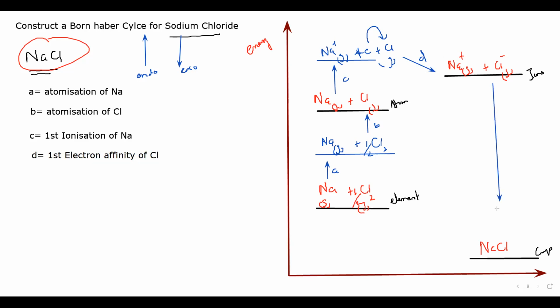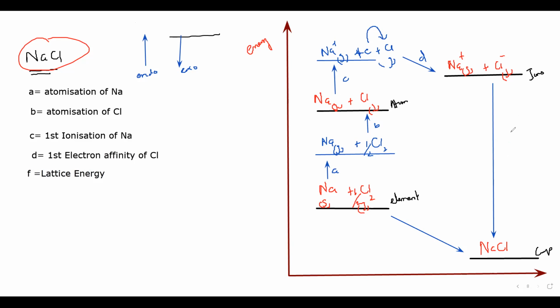Then these ions will form a compound. So this label is there. What is this label? This label is the lattice energy. And then the elements directly form the compound. Sorry, I forgot to label the sequence. So this is label E, the lattice energy.